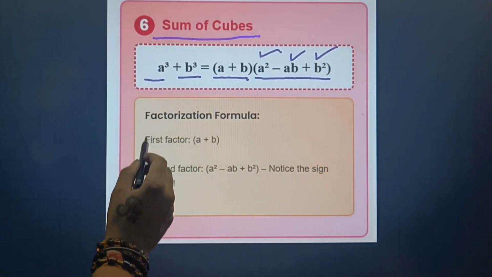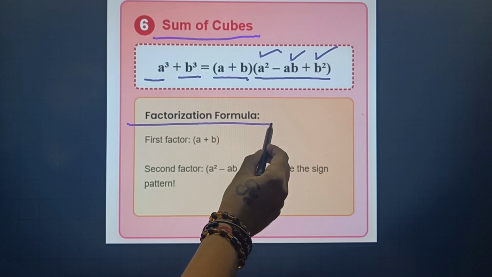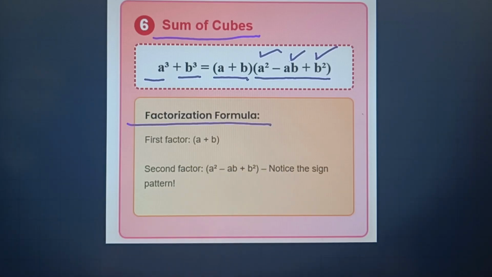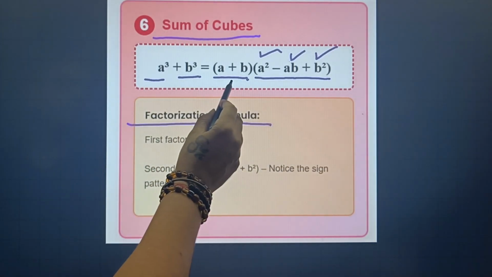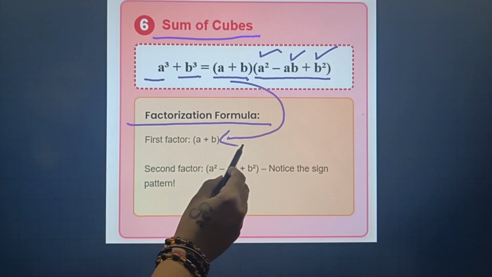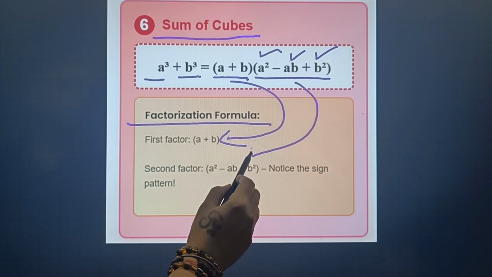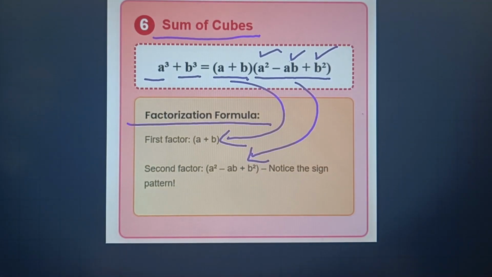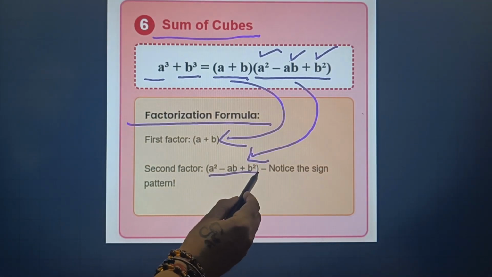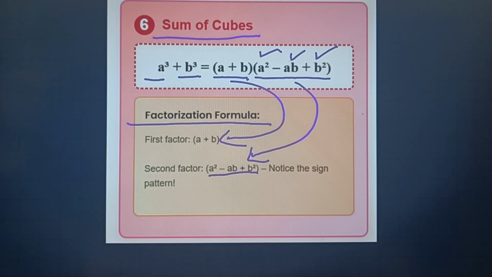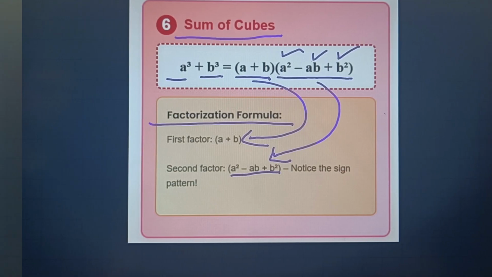So here we can understand this formula by factorization. Our first factor is a plus b, and our second factor is a square minus ab plus b square. Now let's understand this with an example.